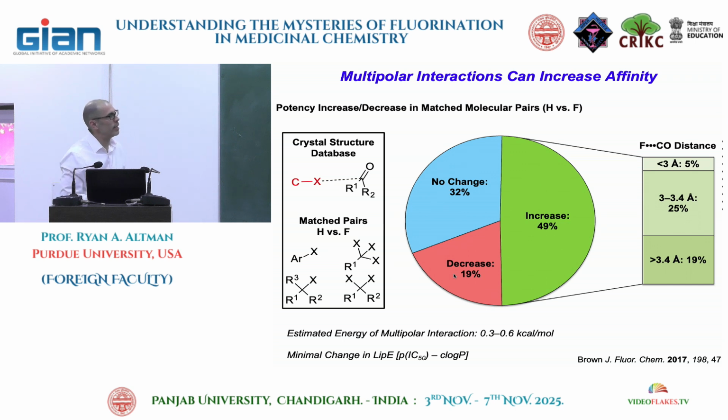If you look into this data set here, the distances where you get an improvement in potency are typically outside of 3 angstroms. Okay? There aren't many examples for which the fluorine to carbonyl distance is less than 3 angstroms. So if you start getting too close, it's not likely going to be in this bin where you get an increase in potency.